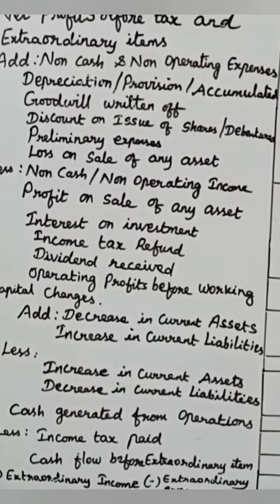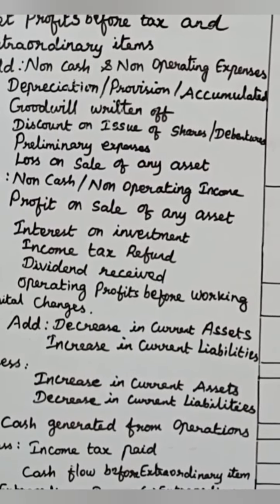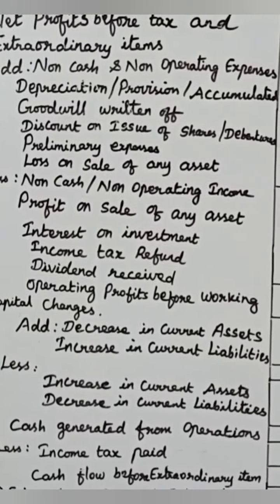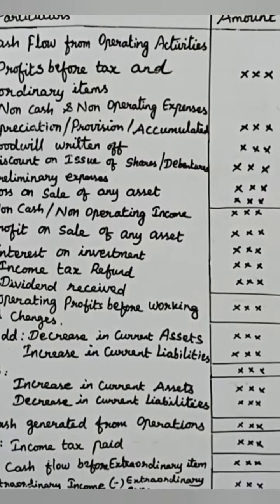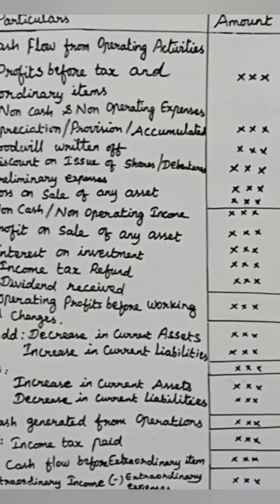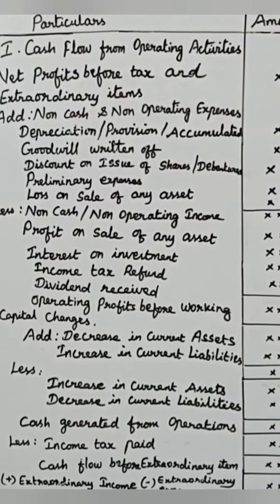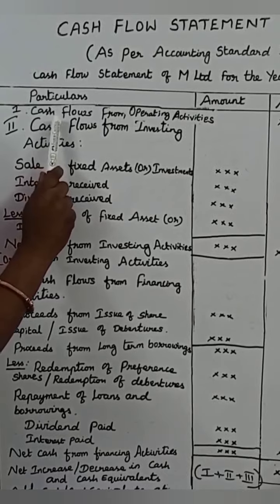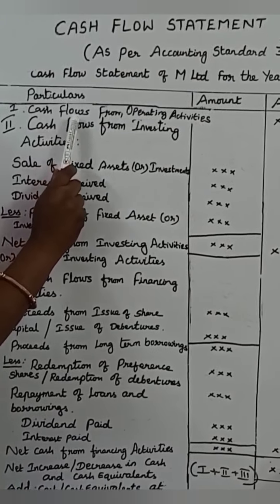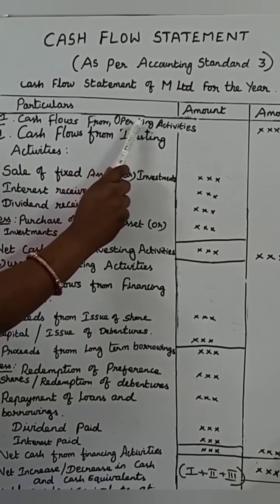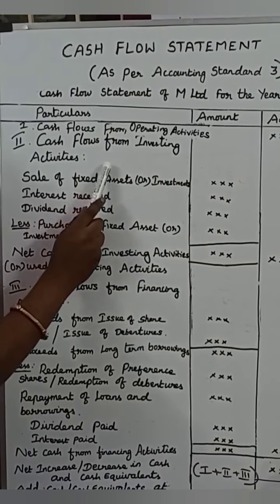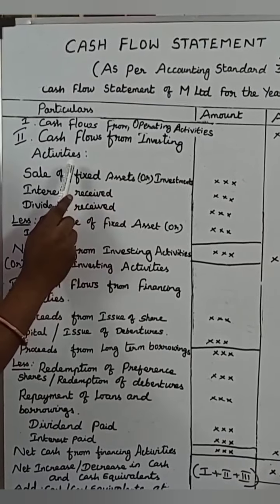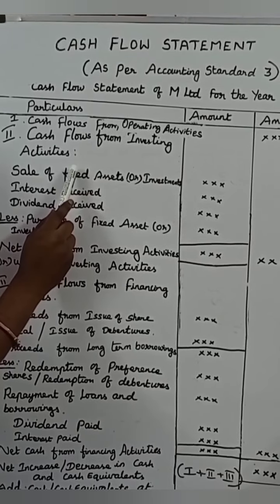If the amount arrived at is positive, it is cash generated from operating activities. If the amount arrived at is negative, it is cash used in operating activities. Up to now, we have discussed how to arrive at cash flows from operating activities. The second part of the cash flow statement represents the cash flows from investing activities.